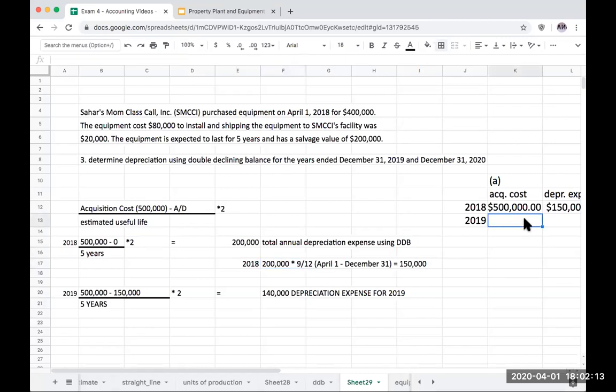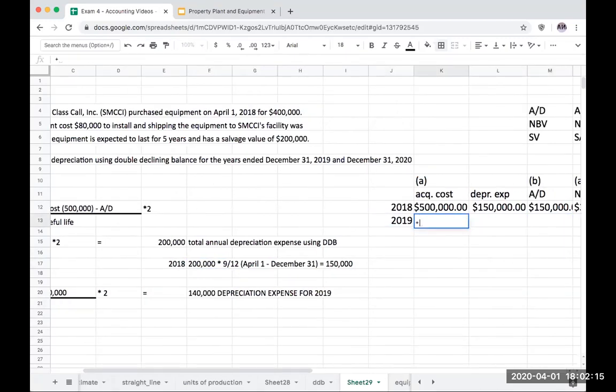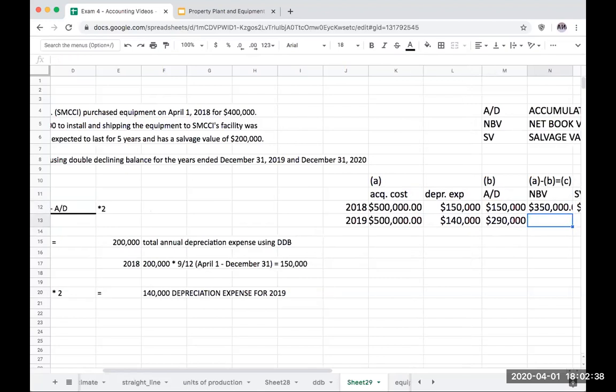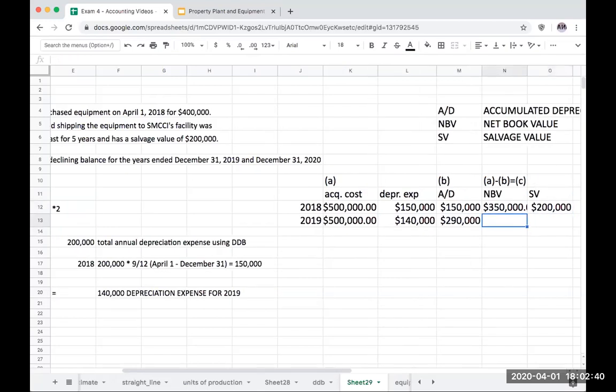Okay, so for 2019, let's go through and do the chart. I have my acquisition cost of $500,000. My depreciation expense for 2019 was $140,000. What does that mean? It means that my accumulated depreciation is going to be $150,000, which it was over here from the prior period, plus the $140,000 now, or $290,000.